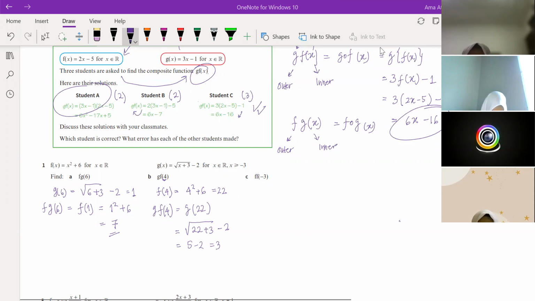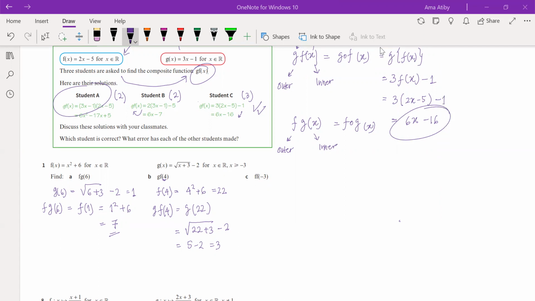What if we are doing the composition of a function with the same function? Let's take number C, a function of f to the function of f. Yes, we can actually do that. So the inner function here is f of negative 3.